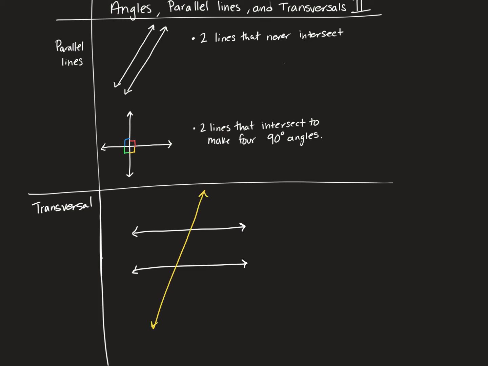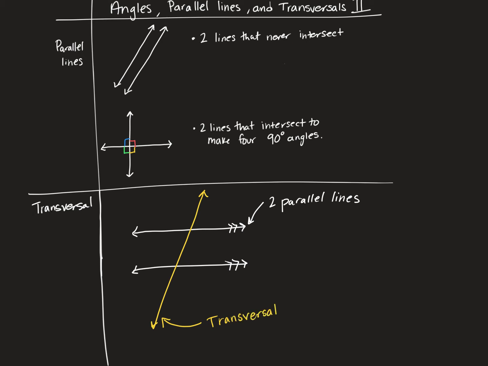So you have 2 parallel lines, and usually when something is parallel, we put 2 arrows inside of them like this, and that means that they're parallel. Then you have this line intersecting them. That's called a transversal.